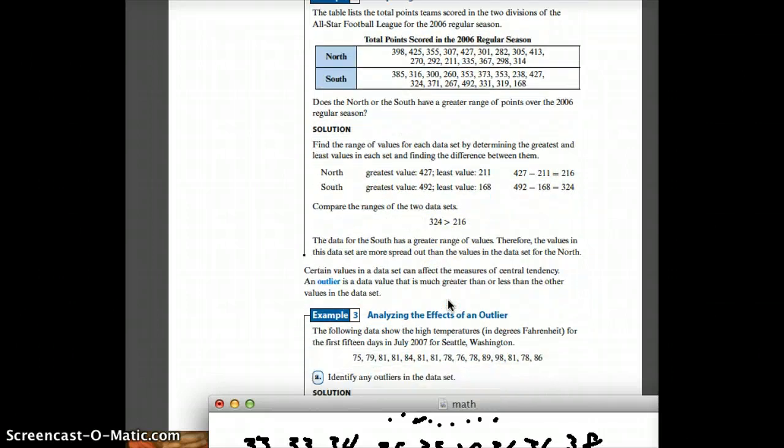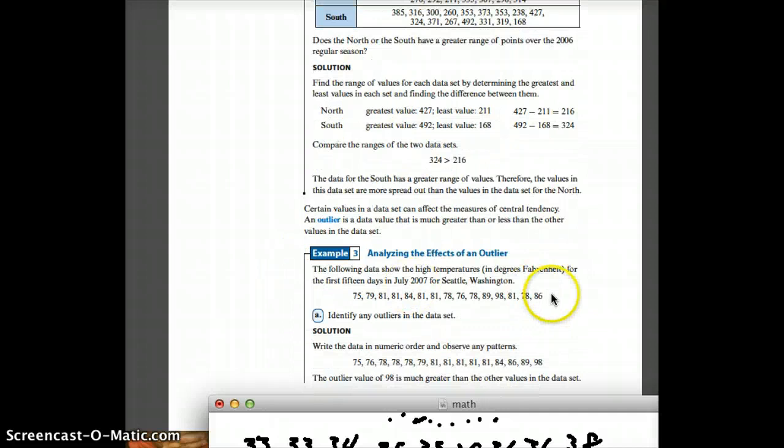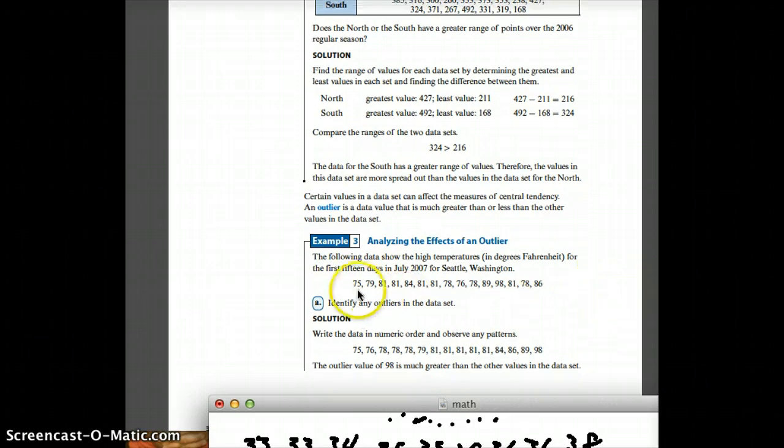Okay. An outlier. An outlier is something that is very abnormal. In a big set, numbers usually are very close. You look at all these numbers, they all are pretty close to each other except for one. Which number do you see here is quite different than the others?